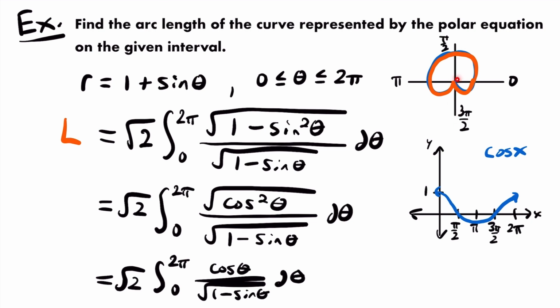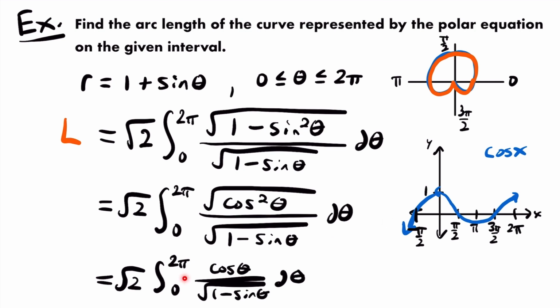You could go from negative pi divided by 2 to positive pi divided by 2, or from pi divided by 2 to 3 pi divided by 2. Just make sure that you choose the appropriate cosine function to match those angles. What I mean by that is that from pi divided by 2 to 3 pi divided by 2, cosine is negative, but between negative pi divided by 2 and positive pi divided by 2, cosine is positive.